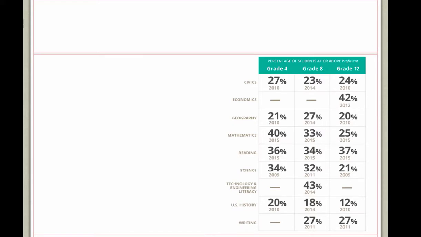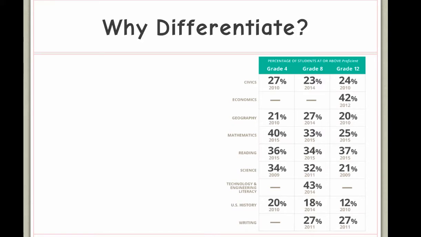So the big question is why to differentiate. Here is where I would love to have a conversation with you and hear from you about all the reasons that you know it is important to customize our instruction to meet the needs of our learners. We know that one size does not fit all.